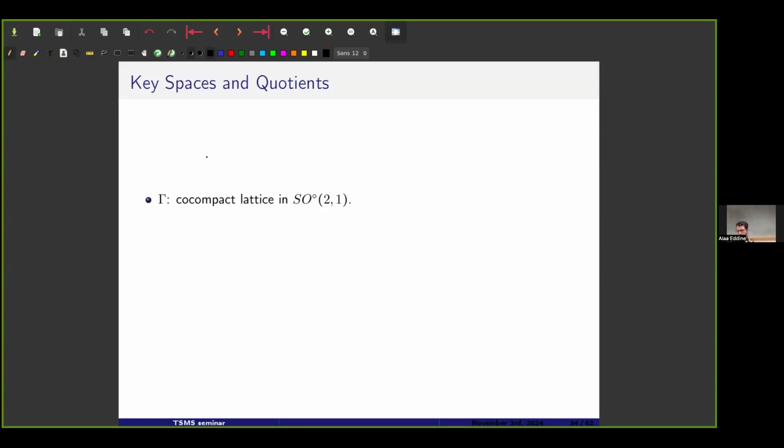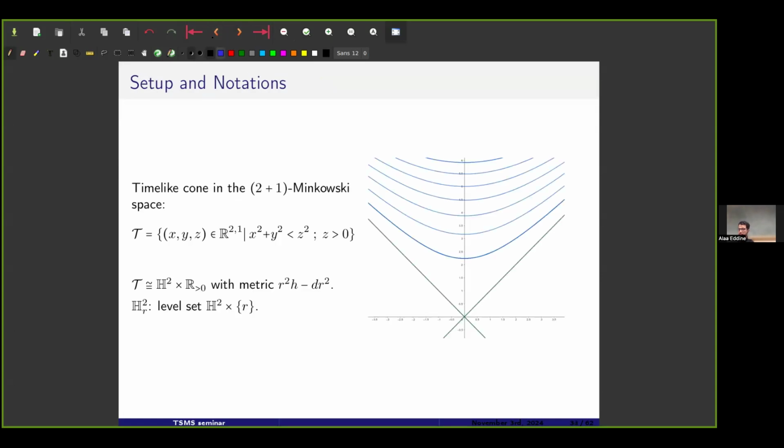Now we will take a quotient of this space. Let's take a cocompact lattice in the connected component of SO(2,1). SO(2,1) preserves the Lorentzian metric, so it is inside the group of isometries, and it preserves the cone T also.